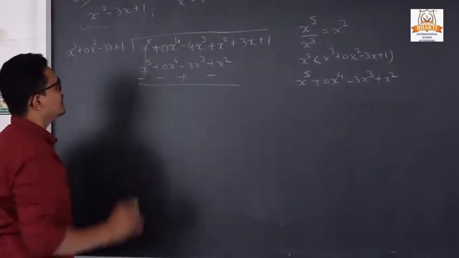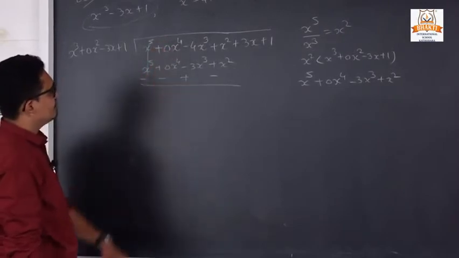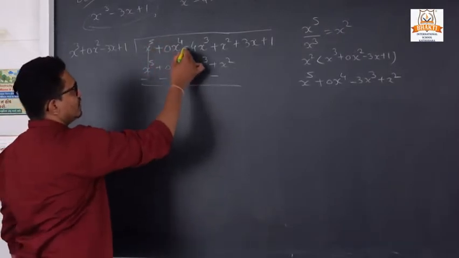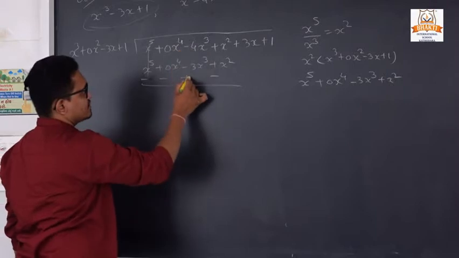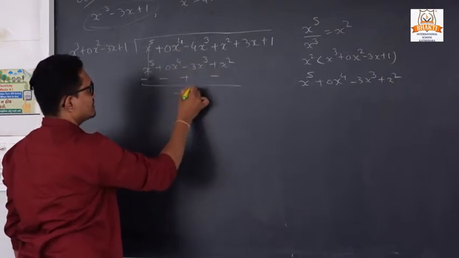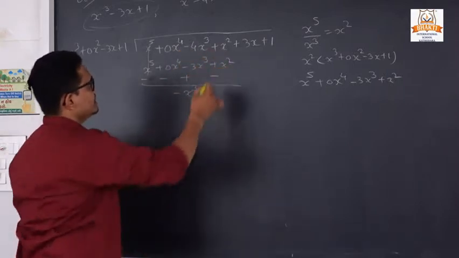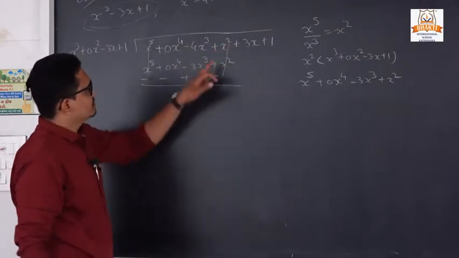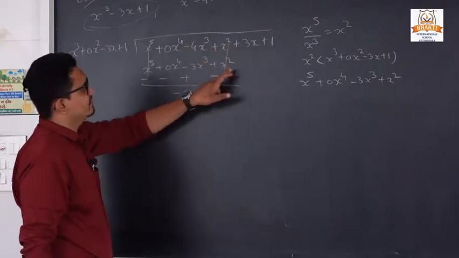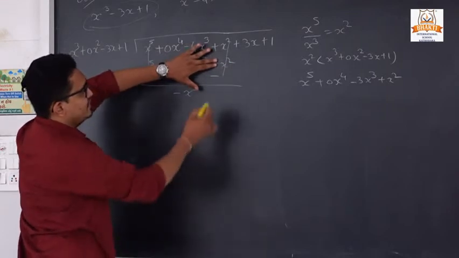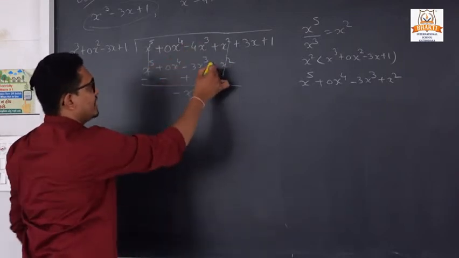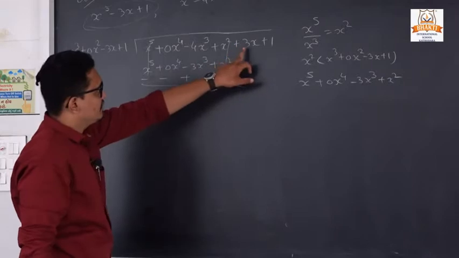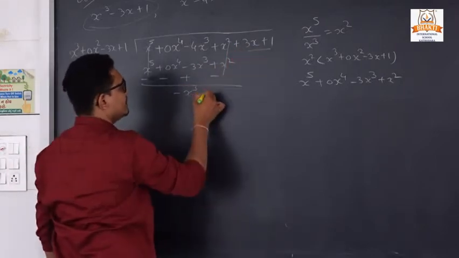So these both are cut, 0 and 0, so it will be 0. Then 4 plus minus minus, so minus 4 plus 3 is minus x cube. Once again these both are cut, plus x square and minus x square, because we change the sign. Plus, and these two terms will remain the same.